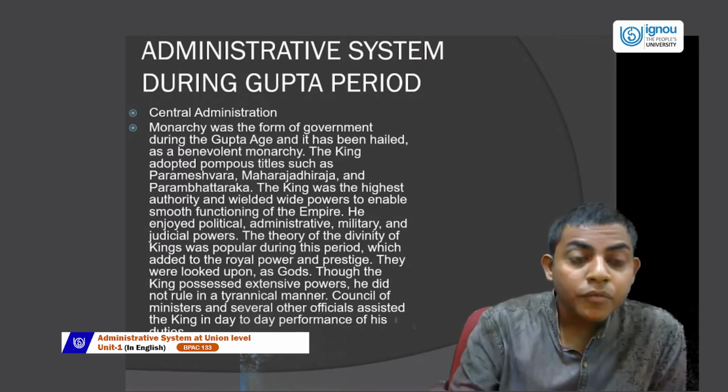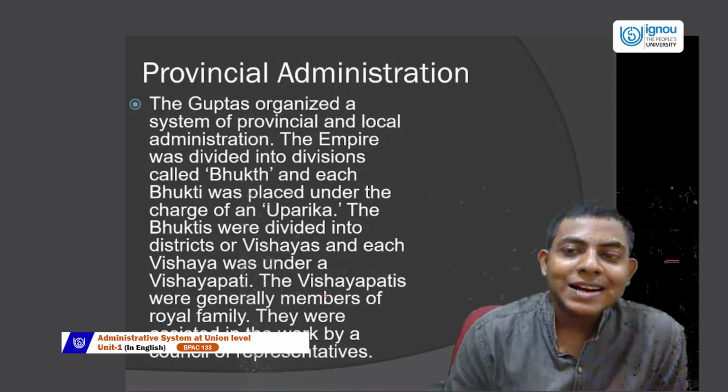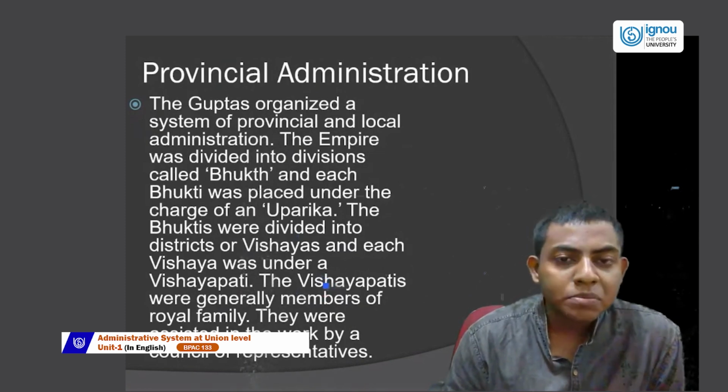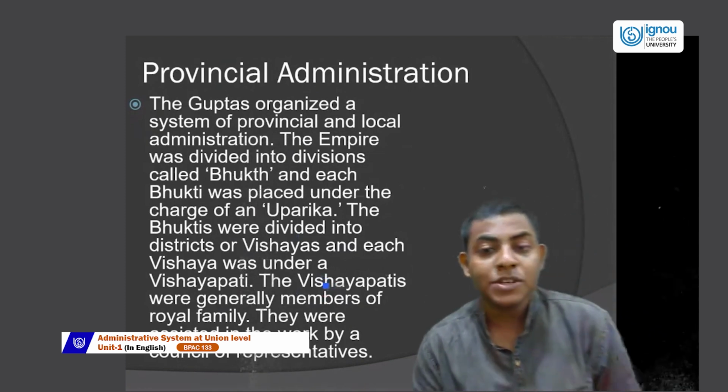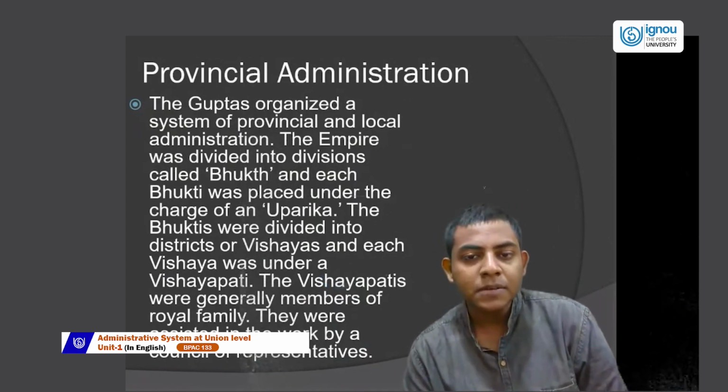Moving on, let us see the provincial administration during the Gupta Empire period. The Guptas organized a system of provincial and local administration as well, just like the Mauryans had done.